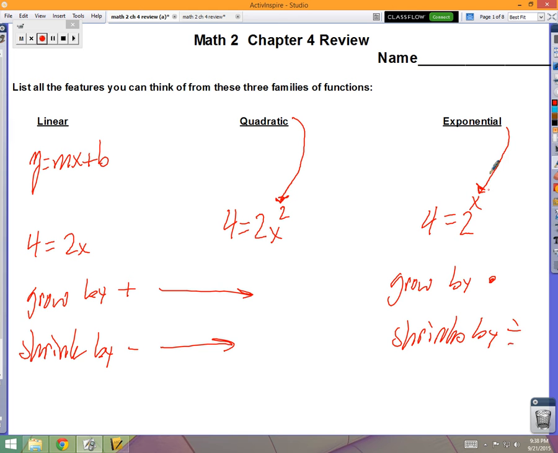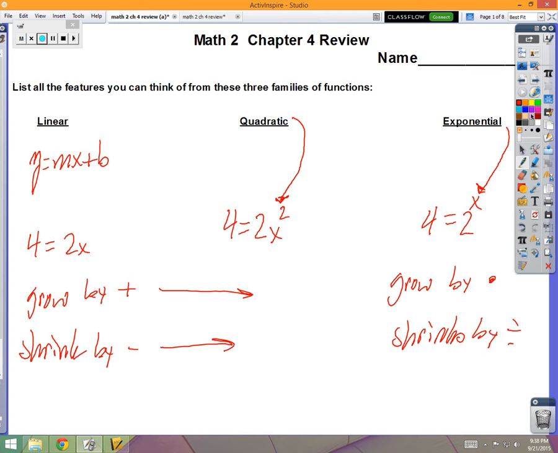So exponential, you want to have your money in a bank account that is following some kind of exponential formula because it grows the fastest. Those numbers get big real quick. Okay, on the next page we'll look at the tables, the differences in the tables, but here's what you got to understand.